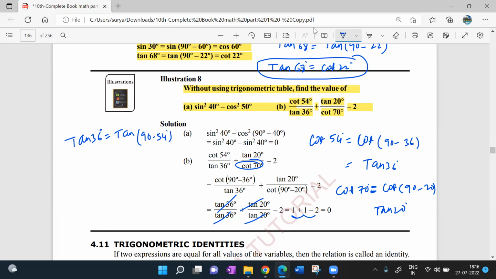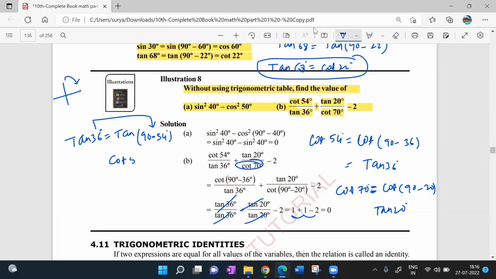Look at this here. Tan 36, beta, there is a system called the quadrant system. Tan 36 can be written as tan of 90 minus theta. 90 minus 54 I can write as 36, or not? So whenever you have 90 minus theta or 90 plus theta, tan will change to cot, beta.